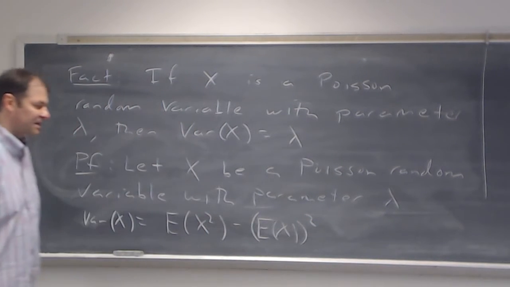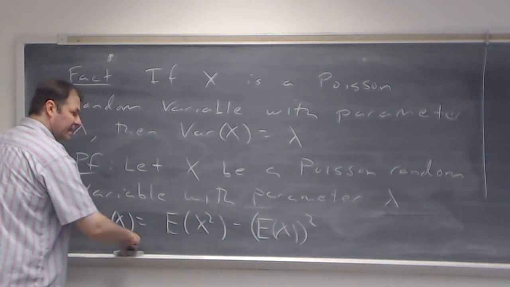We've already got the expected value of x as lambda. Well, we don't have the expected value of the quantity x squared, so let's work on that.